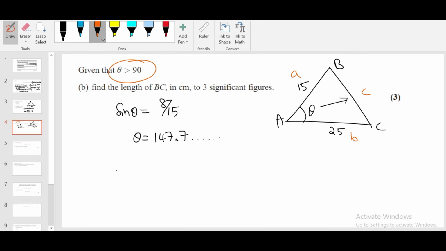Now let's apply the cosine rule. The cosine rule is c square is equal to a square plus b square minus 2ab cos theta.